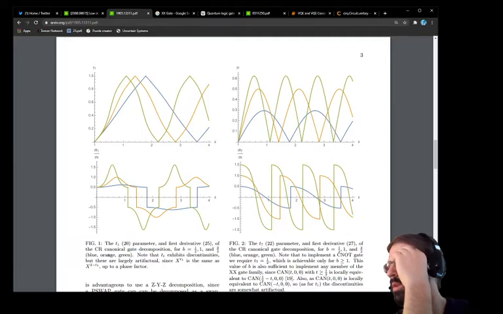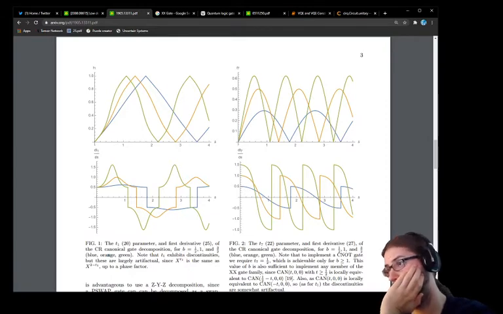Note that T1 exhibits discontinuities, but these are largely artifactual. And then figure 2, T7 parameter and first derivative of the CR canonical gate decomposition.